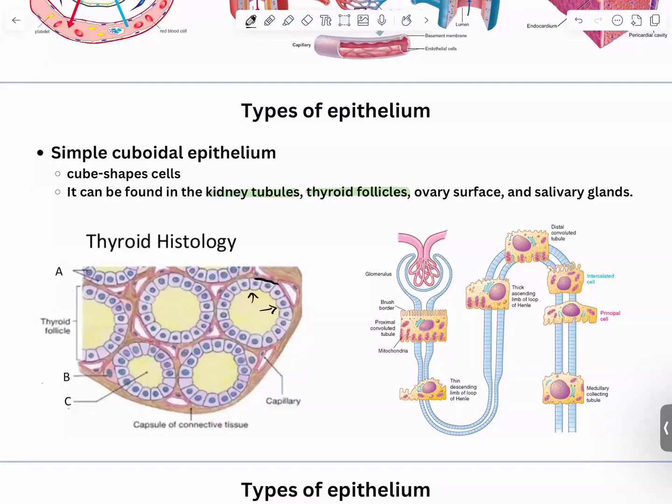And later, when you go to histology, you will see very, very beautiful slides of the thyroid gland. And the name of the circle is follicles. So we call them thyroid follicles. Not a very important and difficult thing to remember. And also we have it in the ovary surface, in the salivary glands, in the oral cavity.